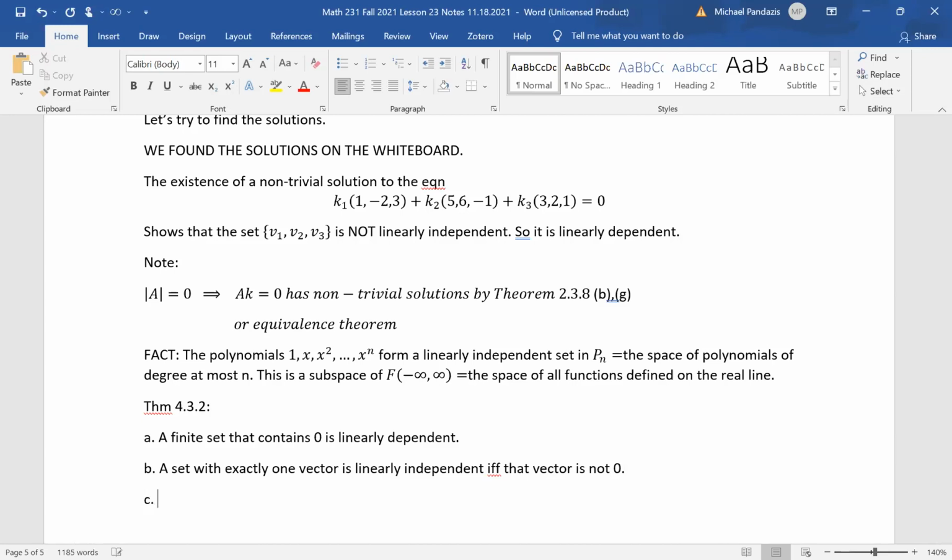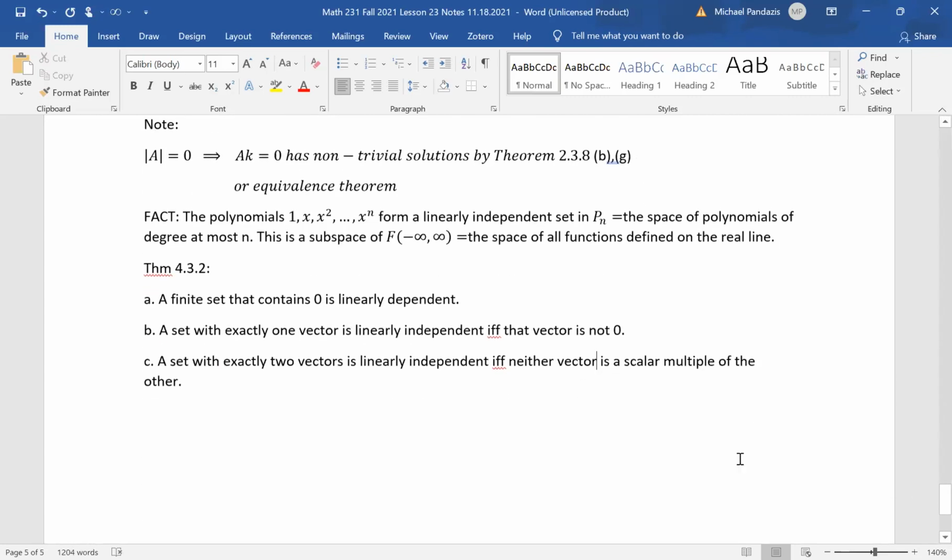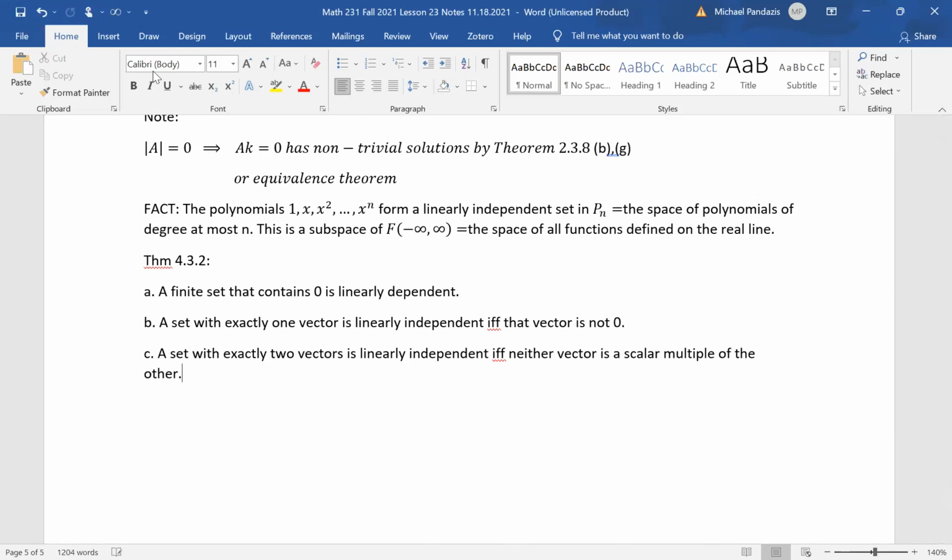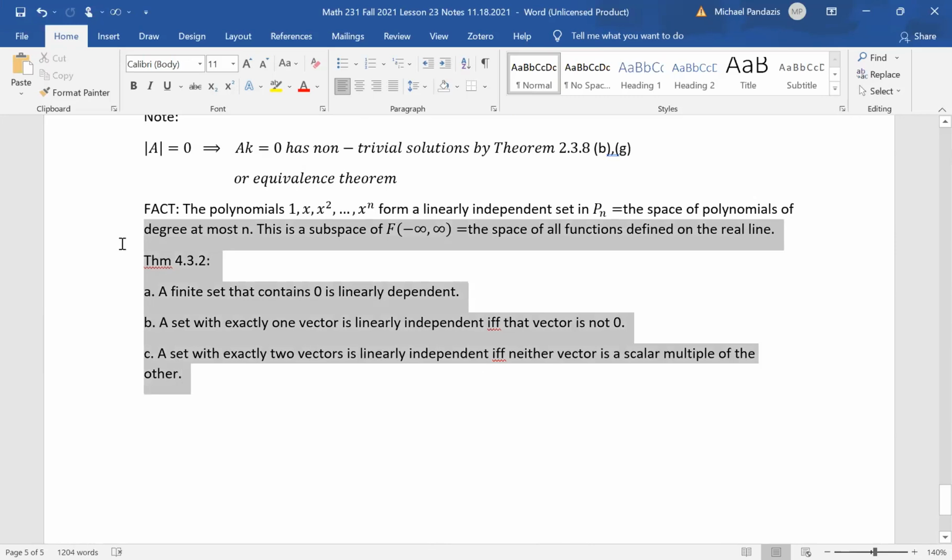And part C, a set with exactly 2 vectors is linearly independent if and only if neither vector is a scalar multiple of the other. So these 3 things are very important.